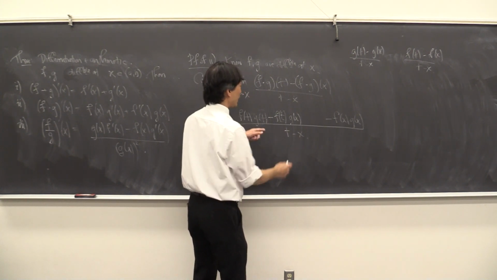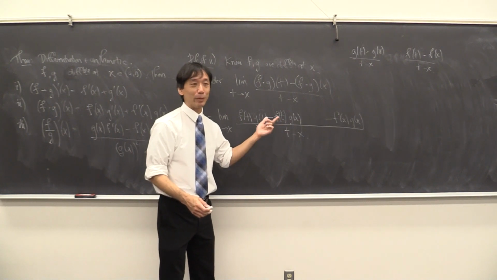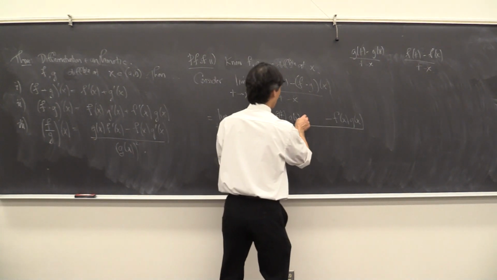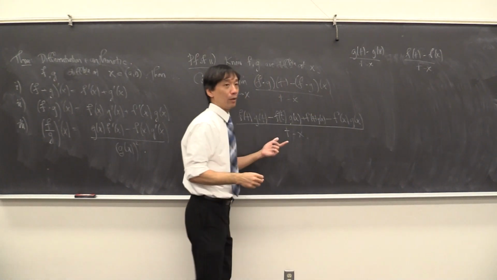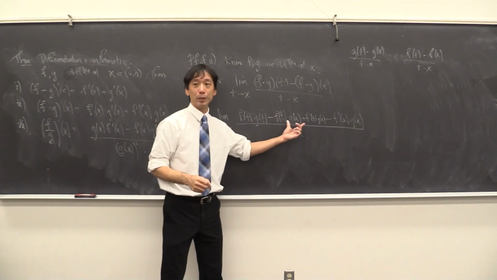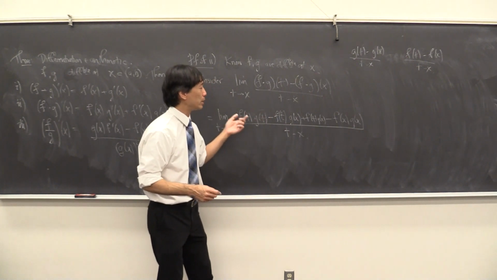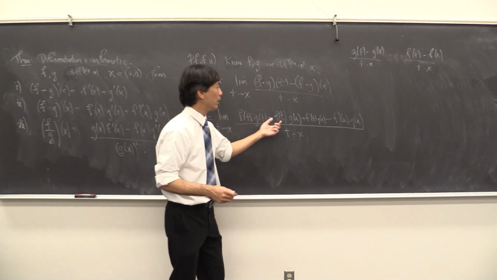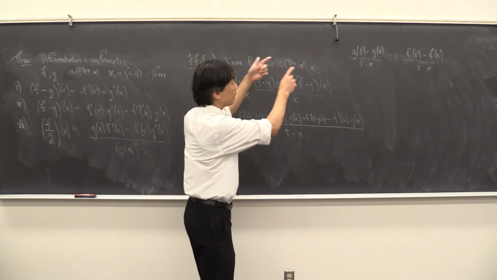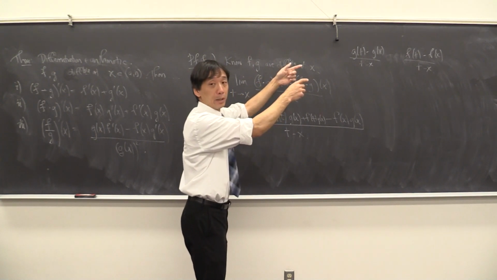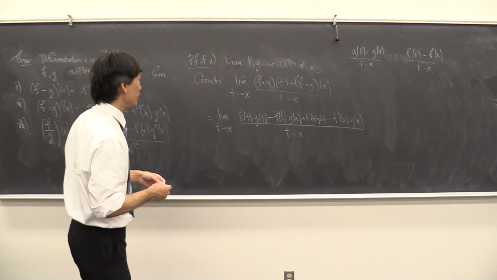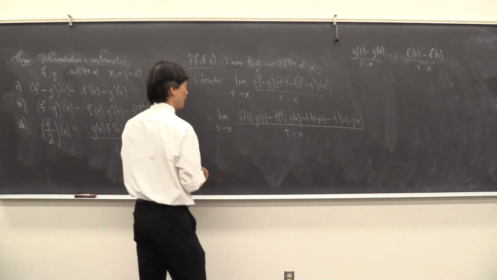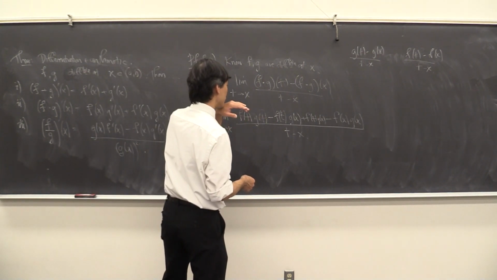Of course, I can't just throw that in because I feel like throwing it in. So let me add it back in. That's okay because I just added 0. So we slide in a cleverly chosen 0 that sort of gets us closer to things that we know. This is kind of a common tactic.